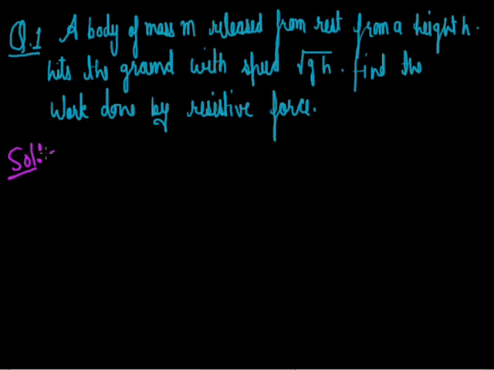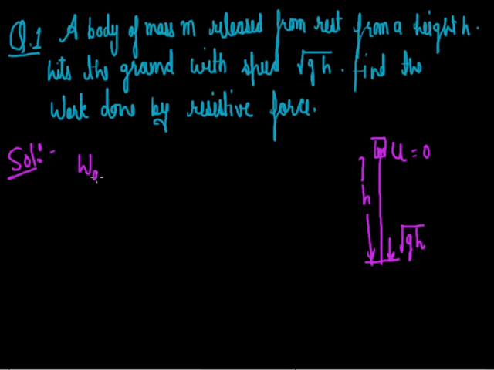Solution. It is given in the question that a body of mass m is released from a certain height h and it hits the ground with a speed of root of gh. As we know, by the work energy theorem, work done by all the forces is equal to the change in kinetic energy.